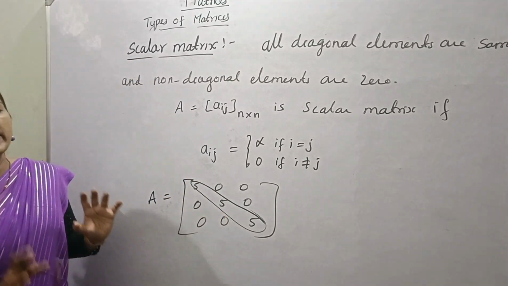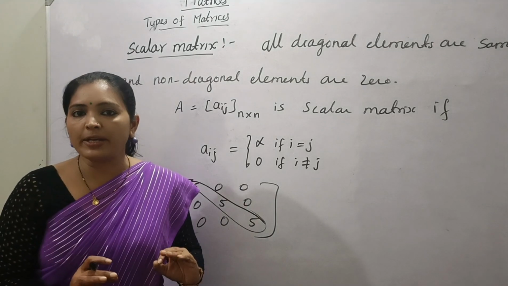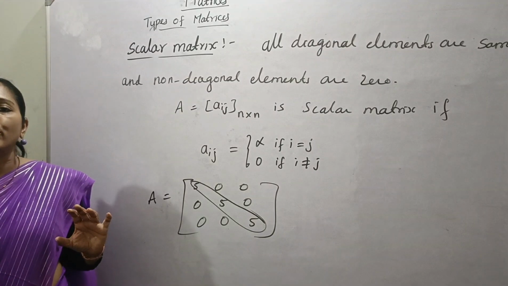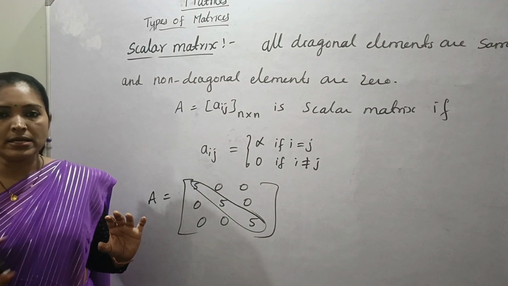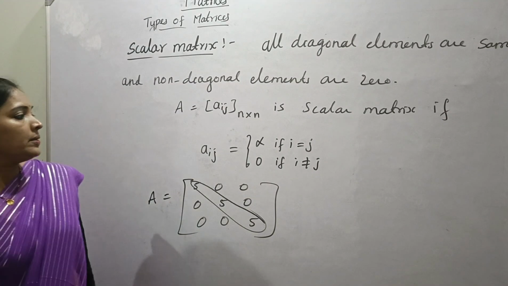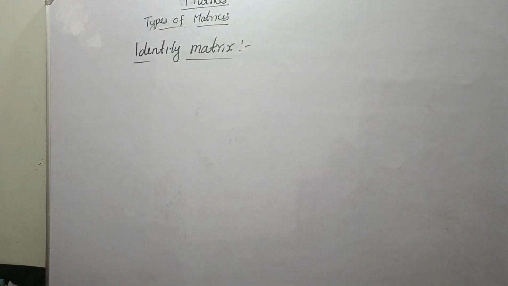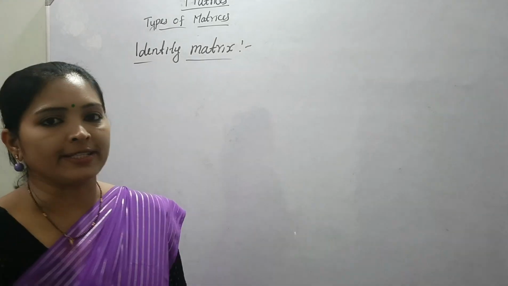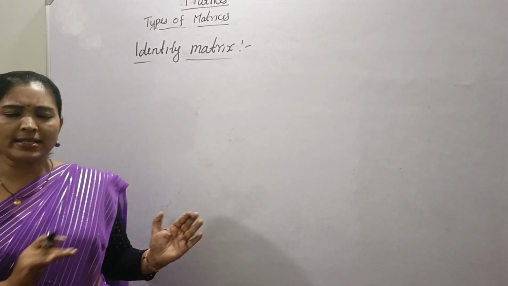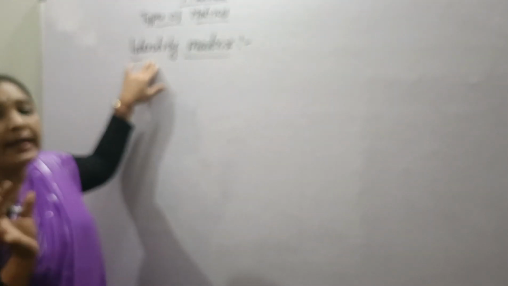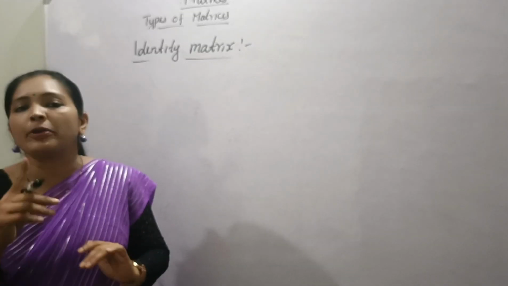So remember what a scalar matrix is: it's a square matrix in which all the diagonal elements are the same and non-diagonal elements are 0. Next one is the identity matrix. It's also a square matrix and is similar to a scalar matrix, but here the diagonal elements must be 1.